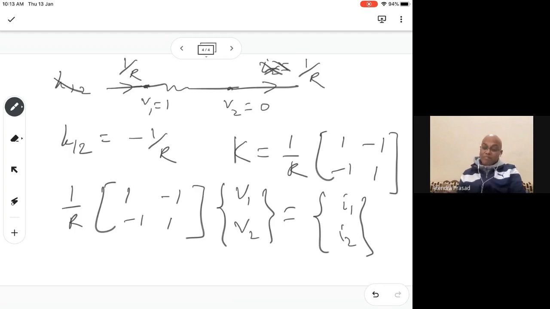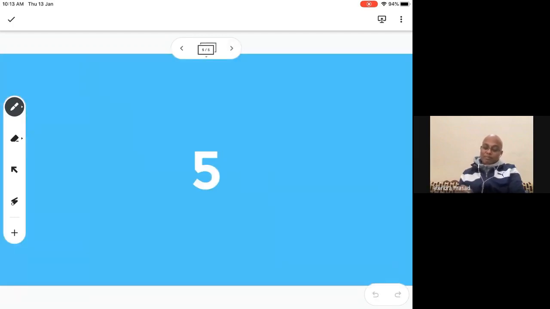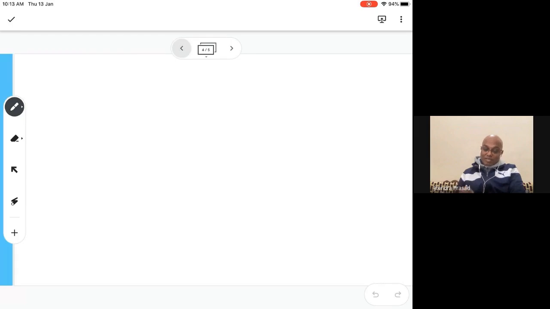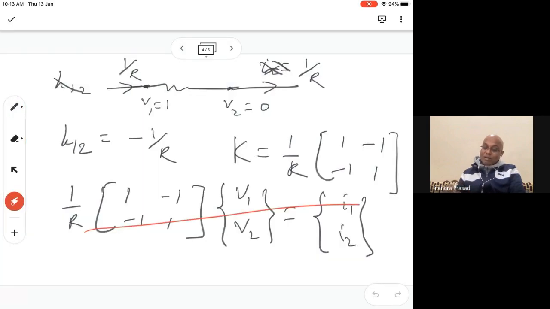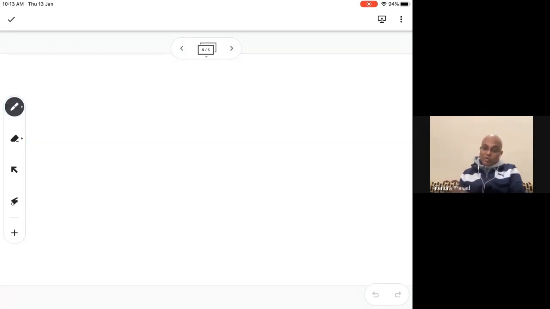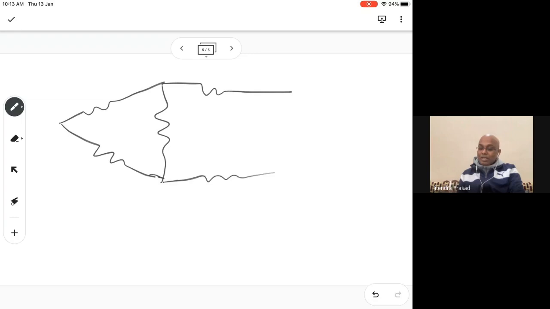This becomes a very powerful statement, so you can now assemble the big system. You can use it for any complicated circuit, a star-delta connection, for example, or any kind of thing.